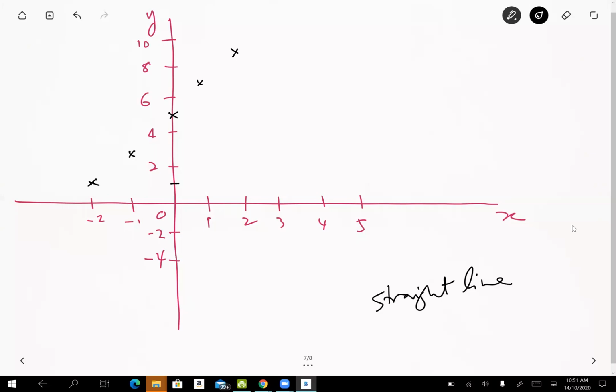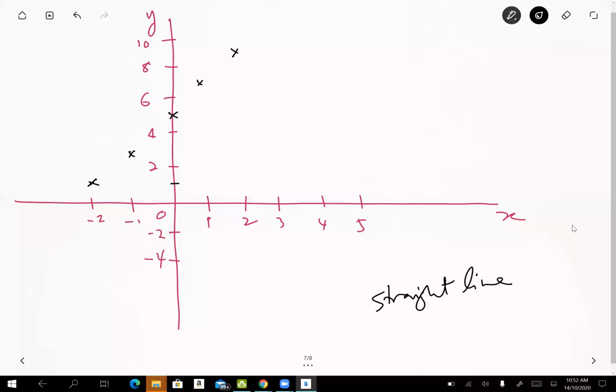That means like 2, 4, 6, same distance. If you make it very rough, a very low estimate, the distance between 2 and 4 will be longer than the distance between 4 and 6. That means you will not get a straight line.